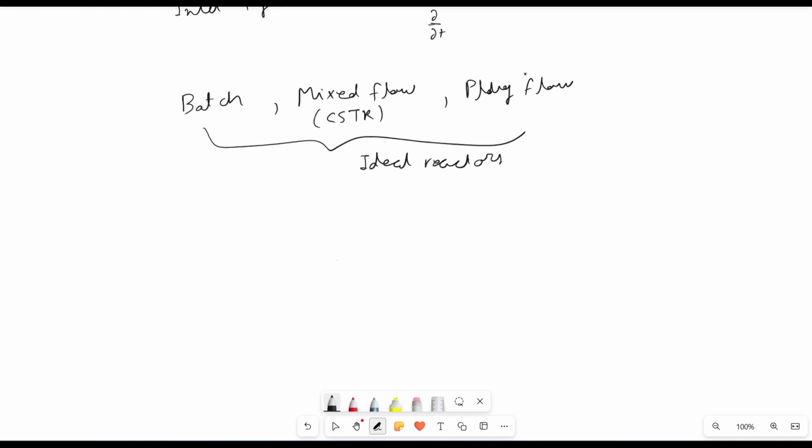Those we will see later. Those are non-ideal cases which include diffusion and some other things. But in most cases, by introducing some external mechanical things like agitators, we can attain about 90% ideal reactors. We can go up to 90% near ideal reactors.